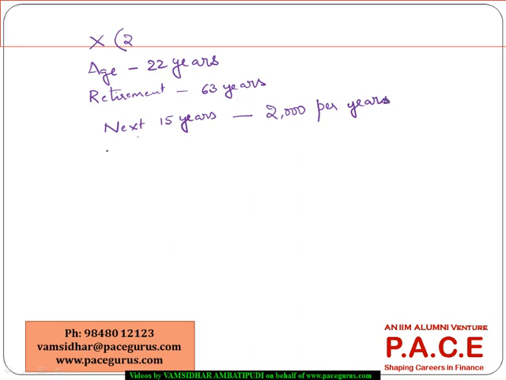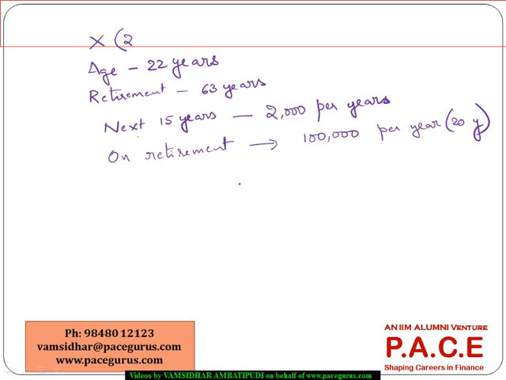At the same time, the person is thinking that on retirement, right from 63 years, he wants around 100,000 per year for at least 20 years.